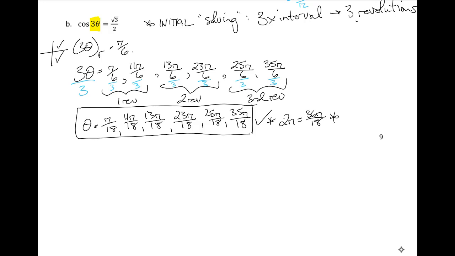Another way to think of it in terms of what you would expect is that if you had just been given the equation to start with, cos theta equals root 3 over 2, you would have expected 2 solutions.